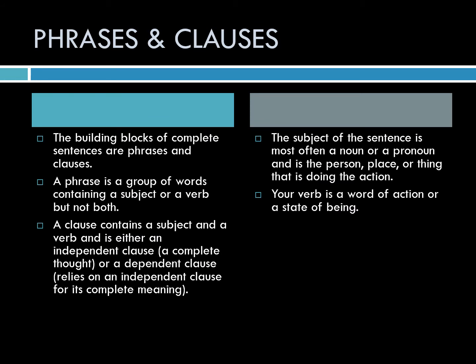A phrase is simply a group of words that contain either a subject or a verb, but not both. A clause contains a subject and a verb, and it is either an independent clause, meaning it's a sentence, or a dependent clause, meaning it's a fragment.